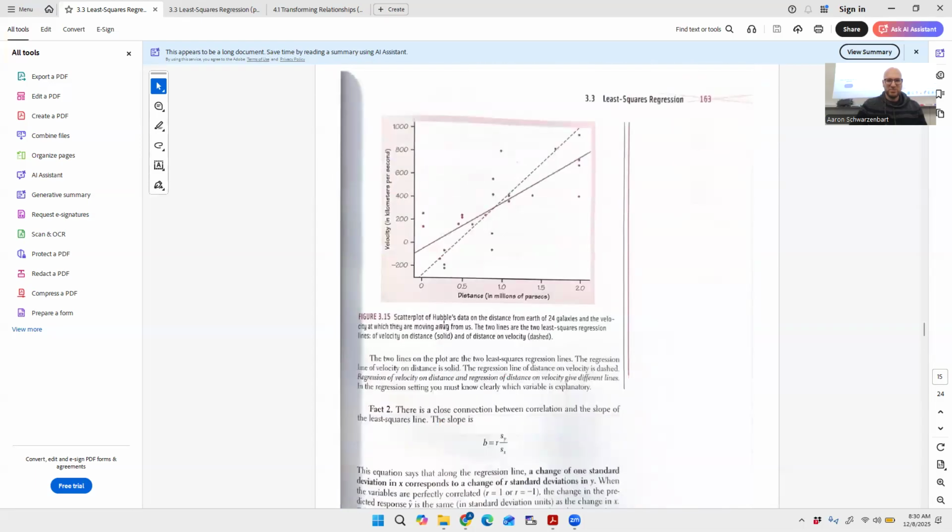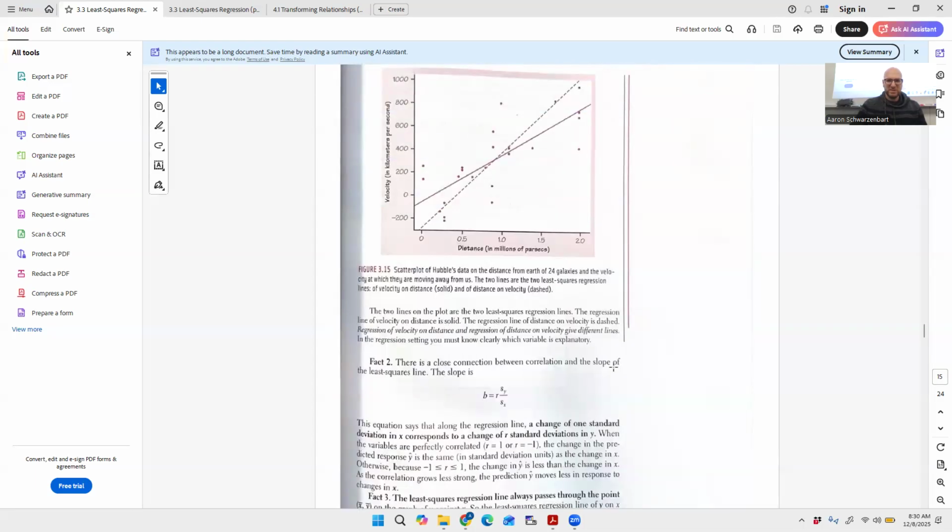Fact 2. There's a close relationship between correlation and the slope, because r is part of this calculation. The worse the correlation, usually the flatter the slope.